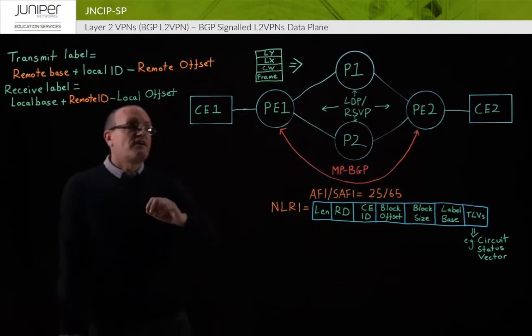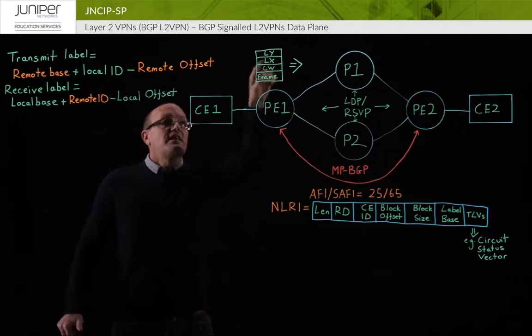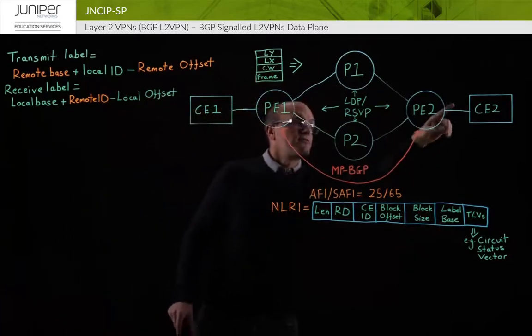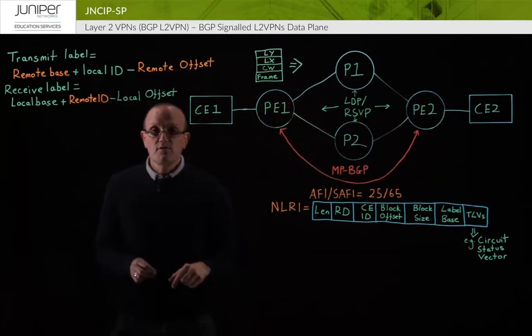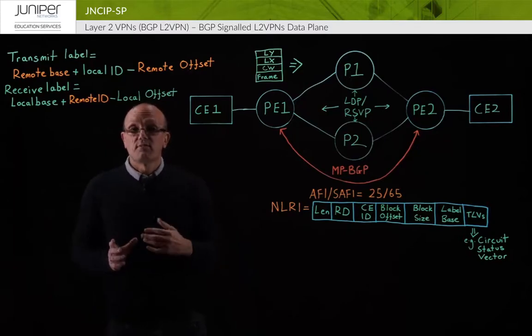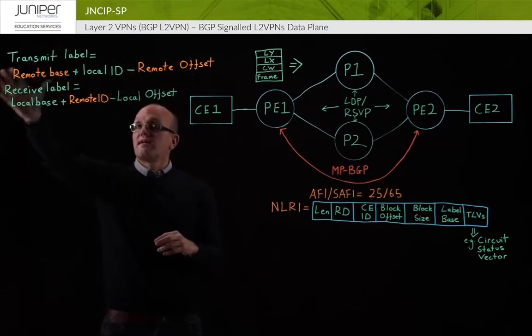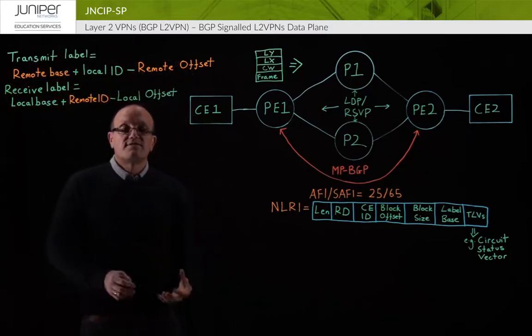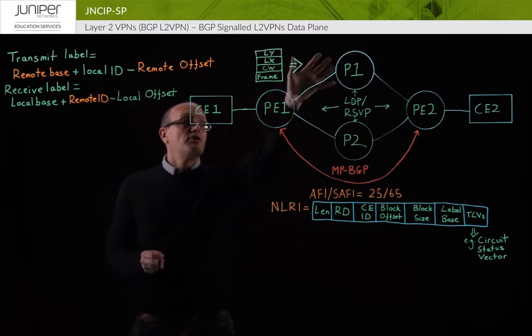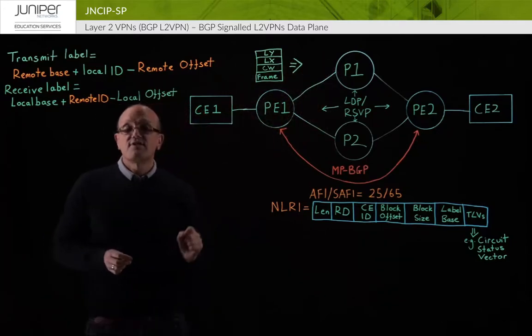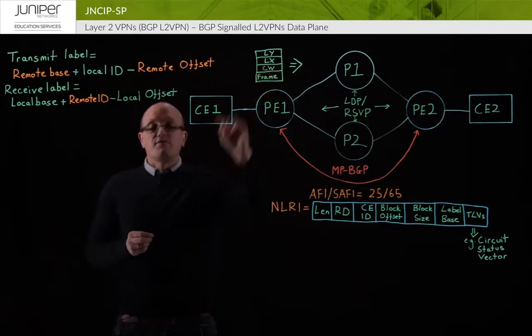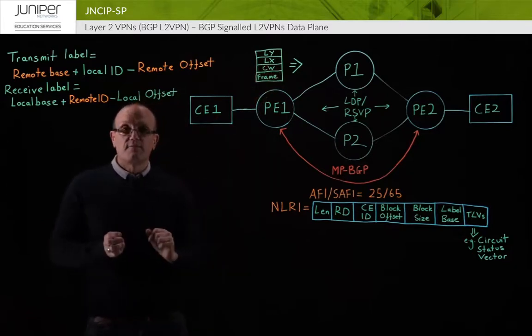So how are we generating this inner label, the label that identifies the virtual circuit? There is this process that we have illustrated here on the left-hand side of the board that's carried out both for transmit and receive of this inner label value.